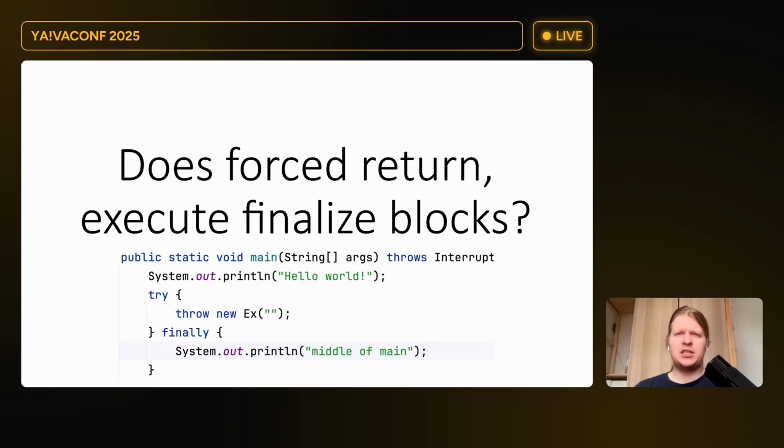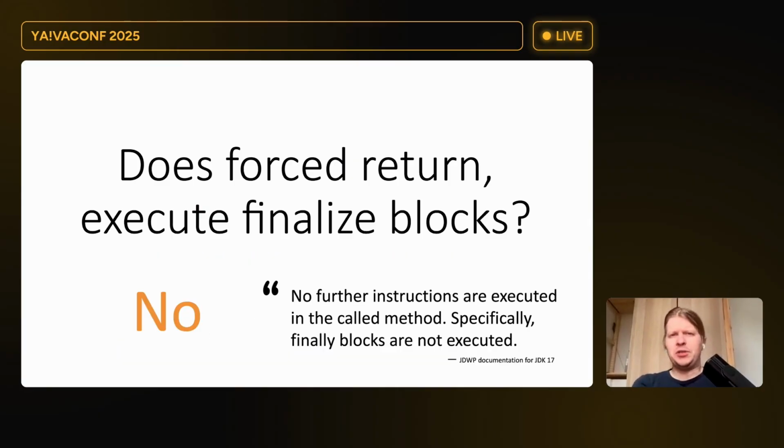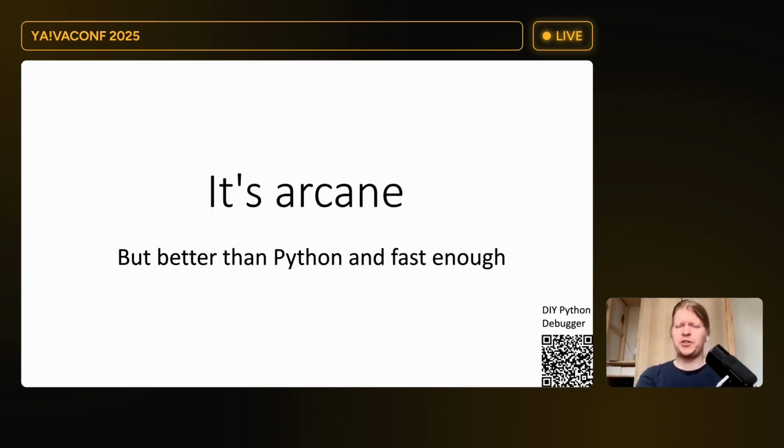And the answer is no. If you force return, they aren't. So to quote the JDWP documentation, no further instructions are executed in the called method. Specifically, finally blocks are not executed. So take care when you use this feature in combination with some resource allocations.